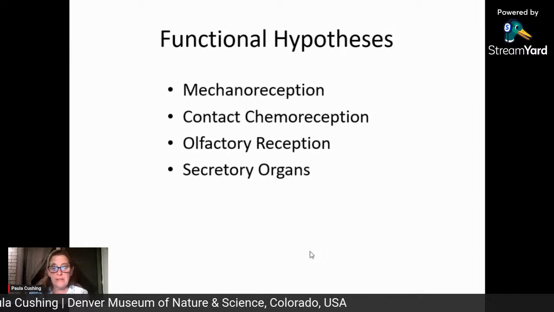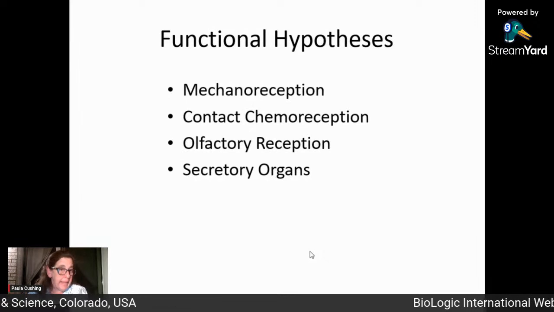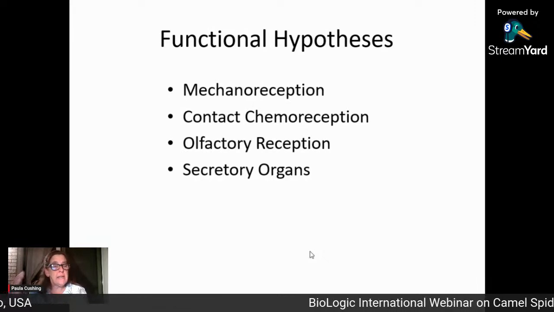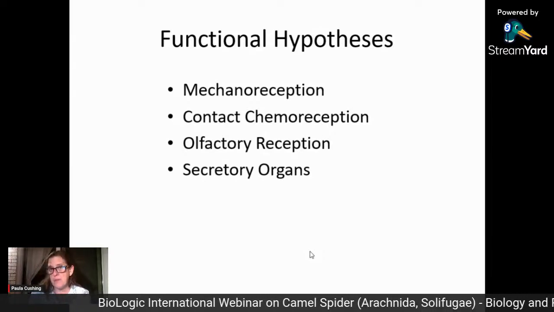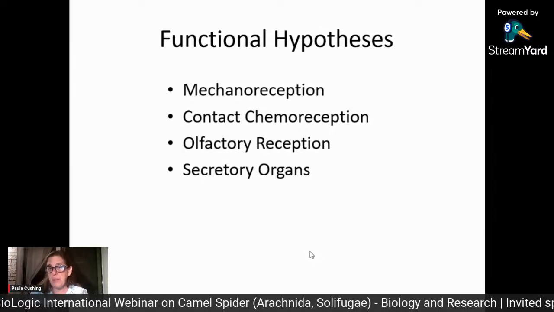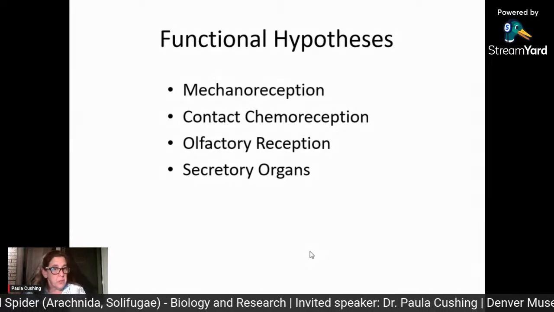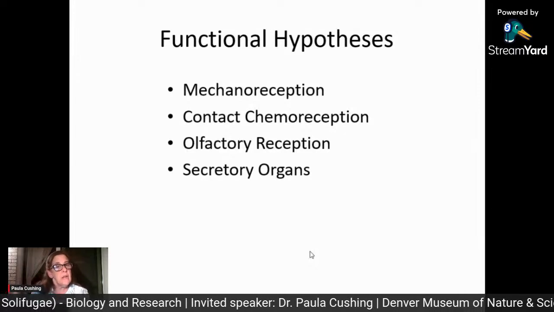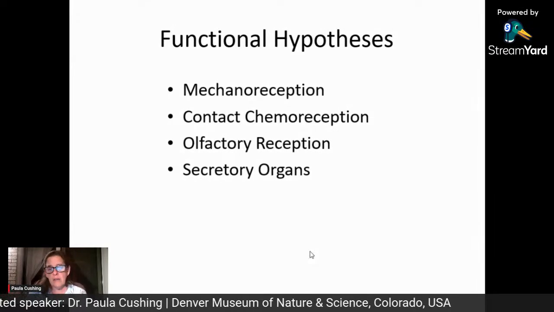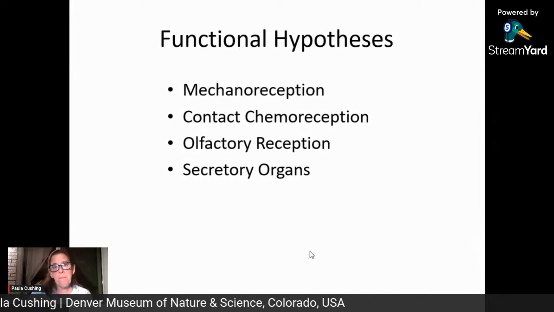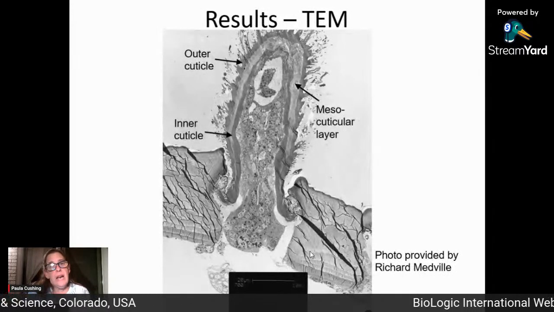Maybe they were mechanoreceptors detecting movement in the environment. Maybe they were contact chemoreceptors or olfactory receptors picking up chemical cues. Maybe they were secretory organs producing some kind of chemical signal. They're only found in males, so maybe they had a sexual signaling function. Again, we used different methodologies to test these hypotheses.